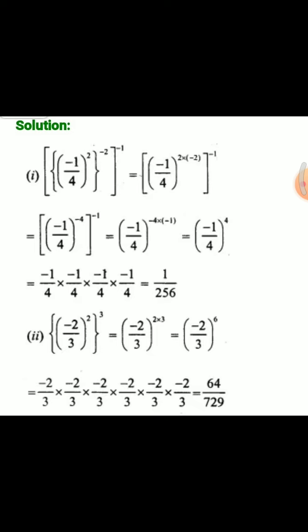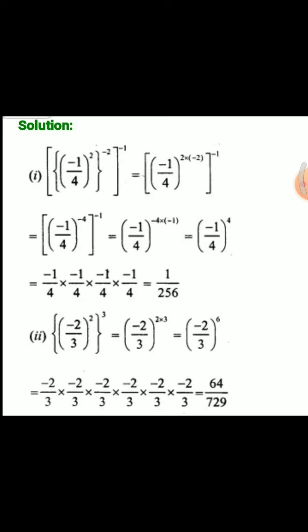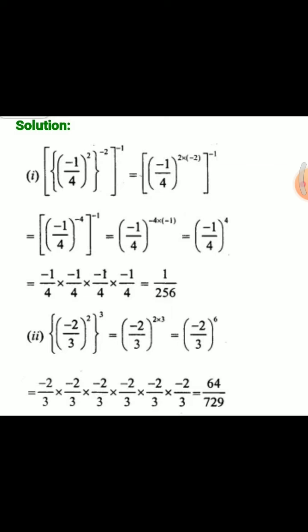Okay. You solve it to minus 1 by 4 power minus 4 multiplied by minus 1. If power is to power it will be multiplied. So minus 1 by 4 power 4, you write minus 1 four times and 4 four times, so your answer will be 1 by 256. Now question number 2 is the same, so you understand by yourself and solve it.